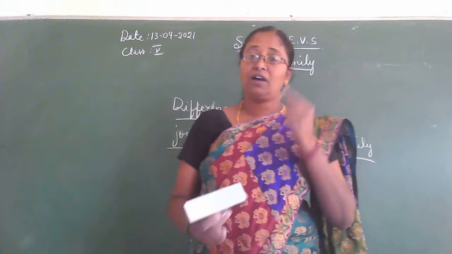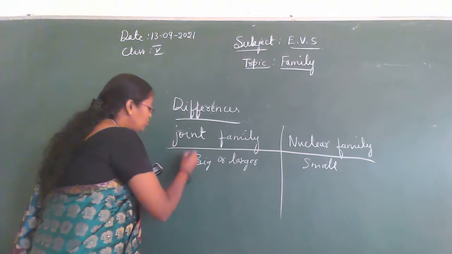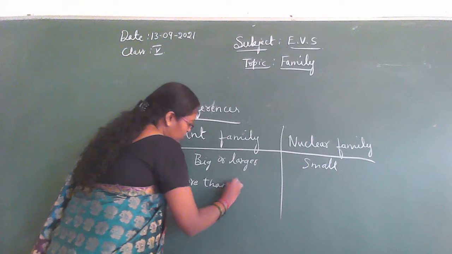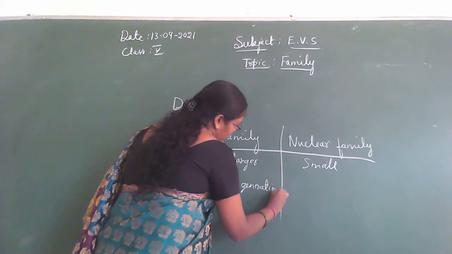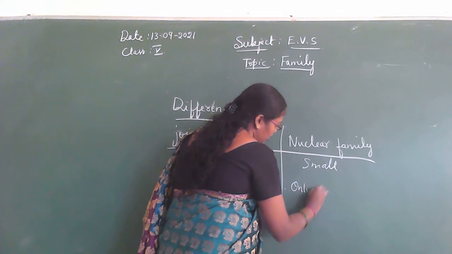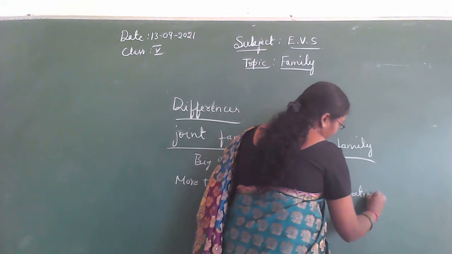And then how many generations can we see in these two families? So in joint families we can see more than 2 generations. Here we can see only 2 generations. Is it?